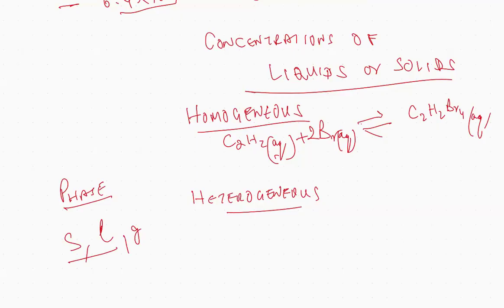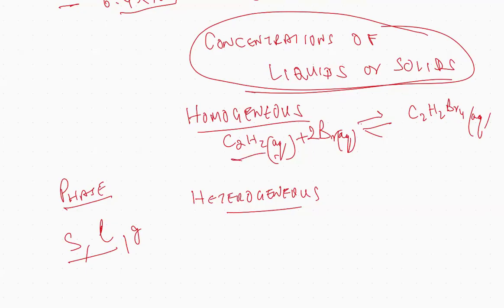If you have everything aqueous, you include all of them, and if you have everything in gas, we include all of them. So if I write Kc here, it will be... It's good to continue to practice writing Kc several times when you study this material.